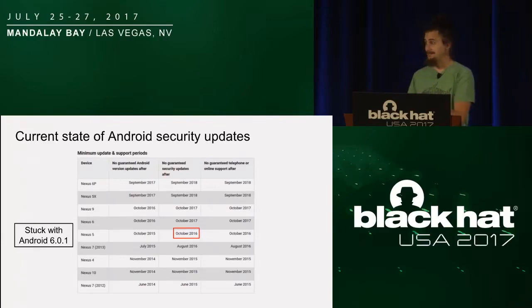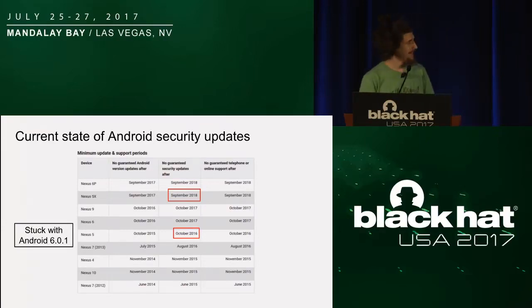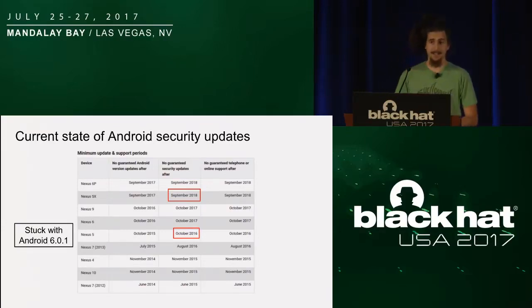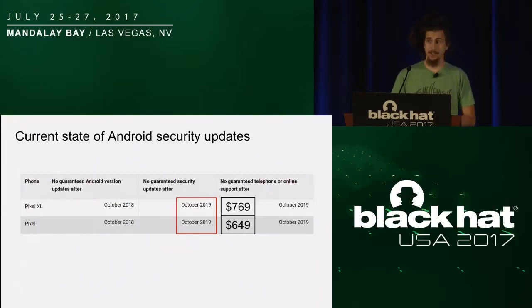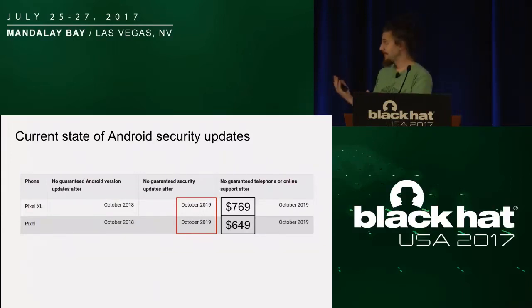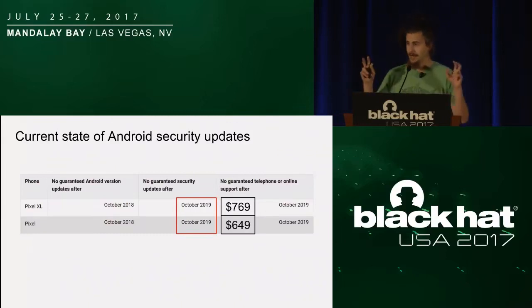And so all these bugs, I think if Google doesn't change anything, are going to remain there for a while. The 5X, same thing. Basically, I think in a year, my current Nexus 5X is not going to receive updates. And what should I do? Should I change phone? The situation doesn't get much better with newer phones, which are getting quite expensive, but in a couple of years, they're going to be out of range for getting security updates.